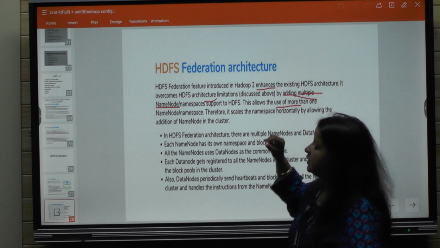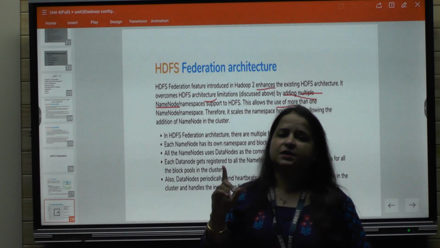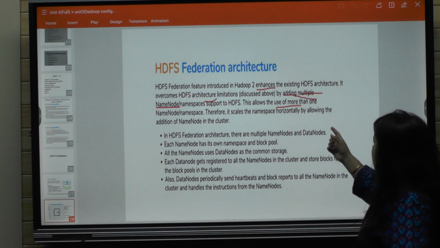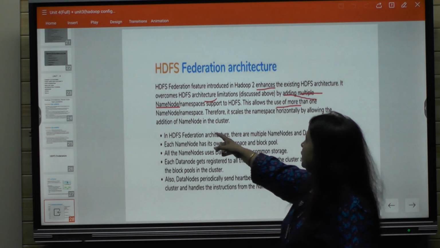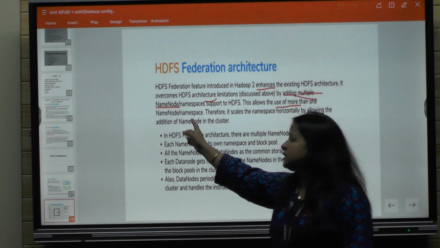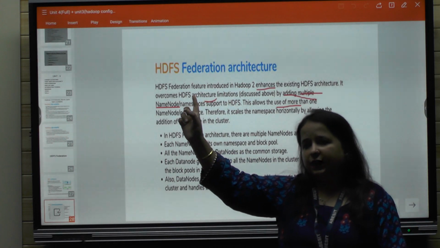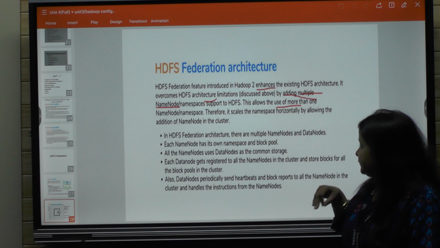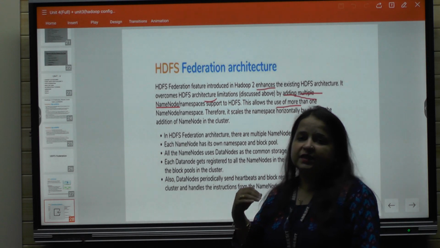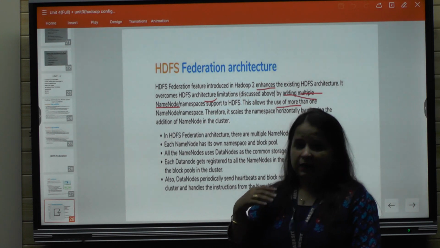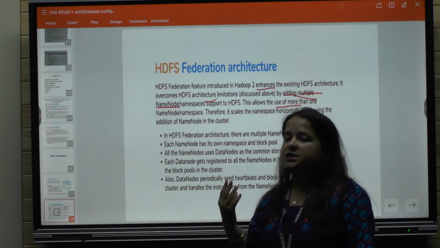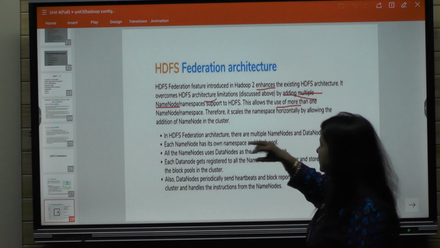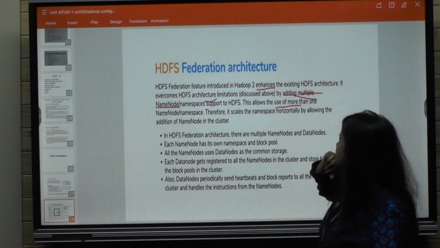So in HDFS 1, one name node is there and one namespace is there. This allows us to use more than one name node or namespace. Means one name node is associated with one namespace in HDFS 1, but in the HDFS 2 federation architecture, more than one name node is there, so the namespaces are also associated with a number of name nodes.